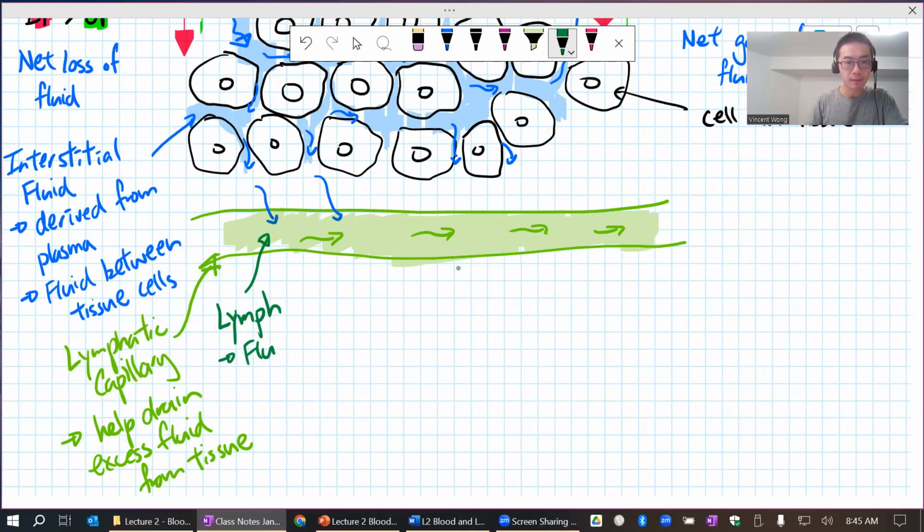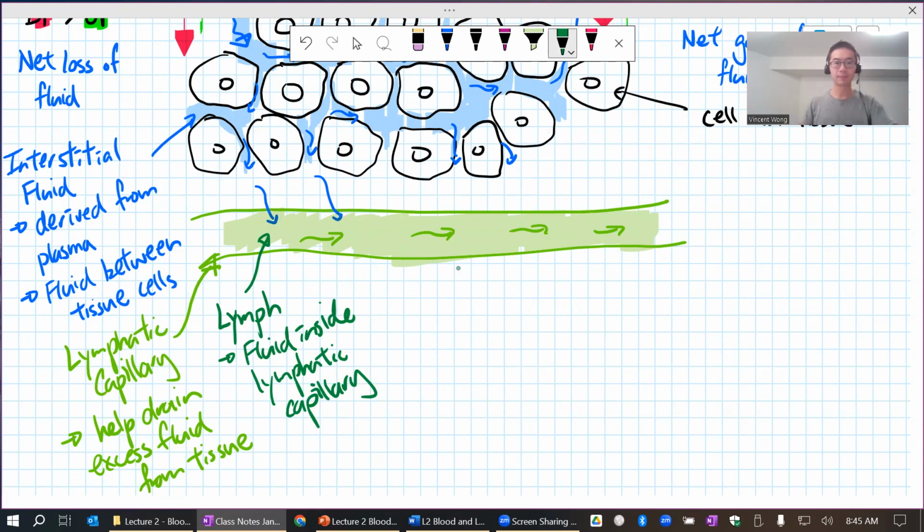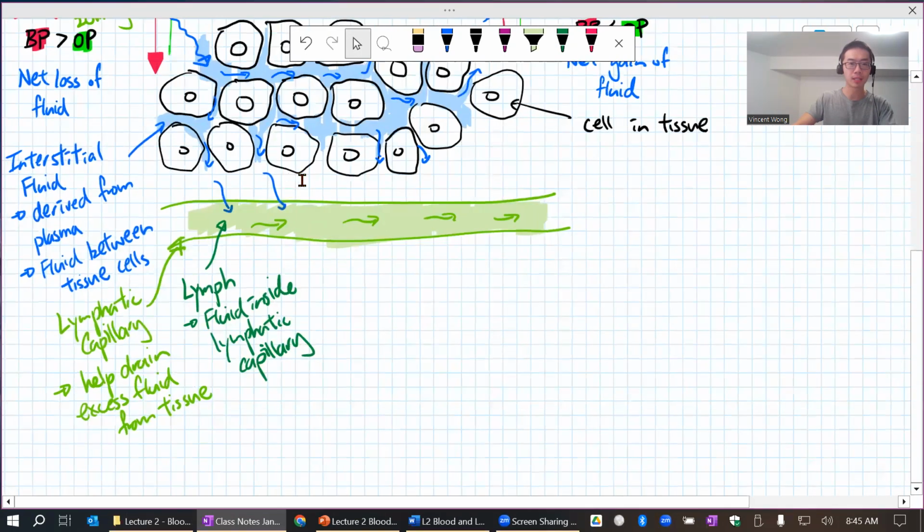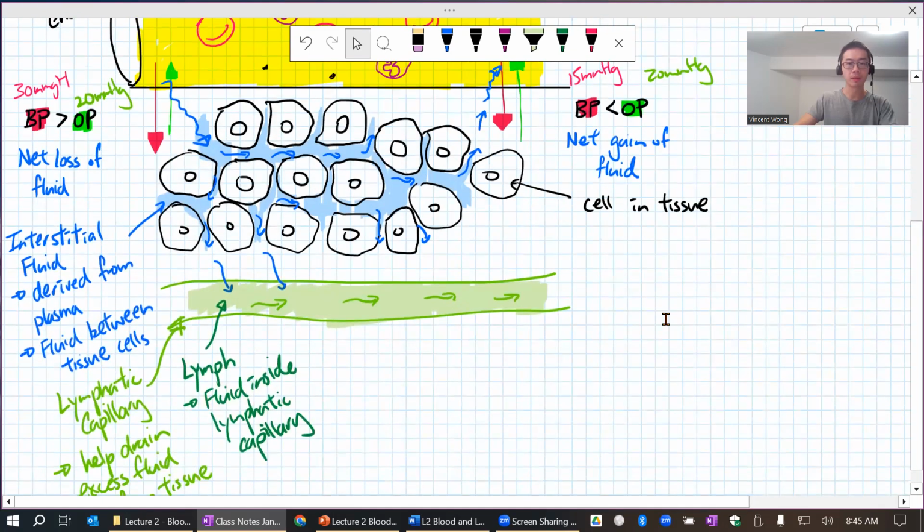Fluid inside lymphatic capillaries. All right. Now I'm going to zoom out a little bit just for you to see the whole situation. Well, part of it anyways.